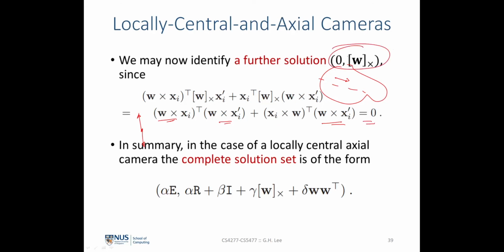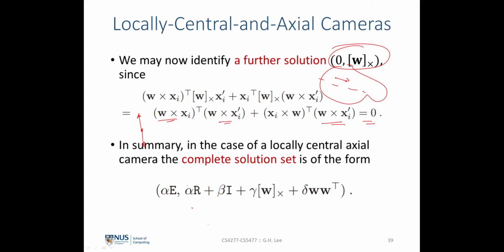which means that this guy over here is one of the solutions that we will get from the locally central and axial camera configuration. Putting everything back into the previous solutions that we have from the locally central projection camera as well as the axial camera, we'll get a whole family of solutions which consists of four parameters: alpha, beta, gamma, and delta.